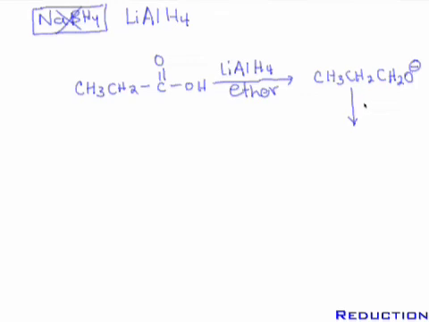When you add acid in the second step, you protonate the alkoxide, making your alcohol. So reduction of carboxylic acids will produce primary alcohols.